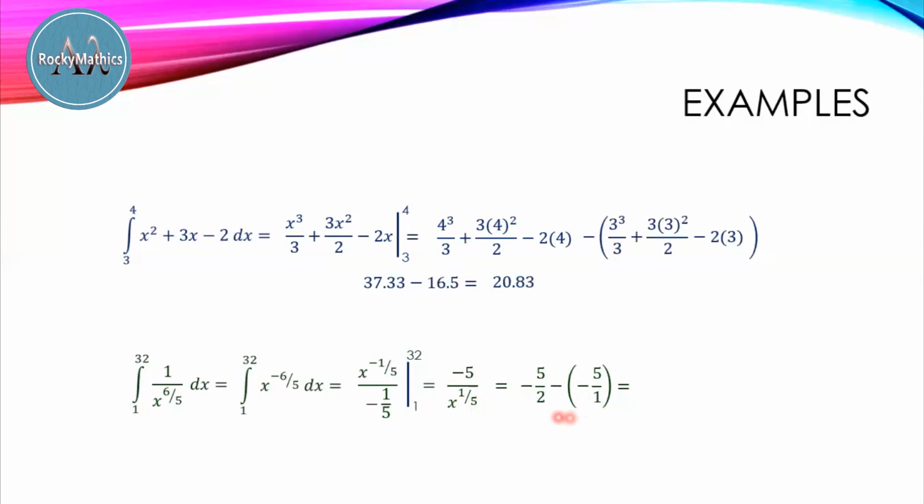Then we simplify this. This is negative 5 over 2 plus 5 over 1, which is equal to 2.5.